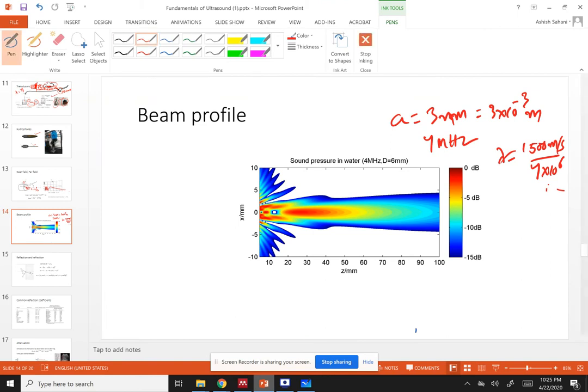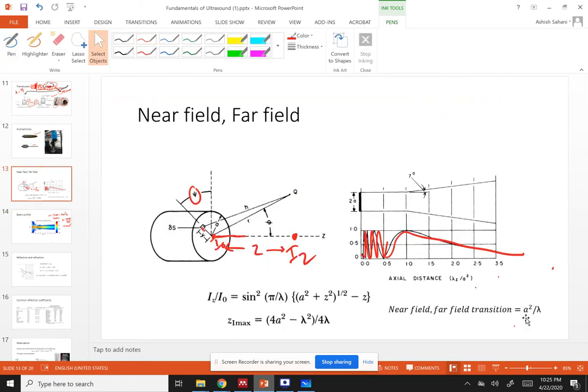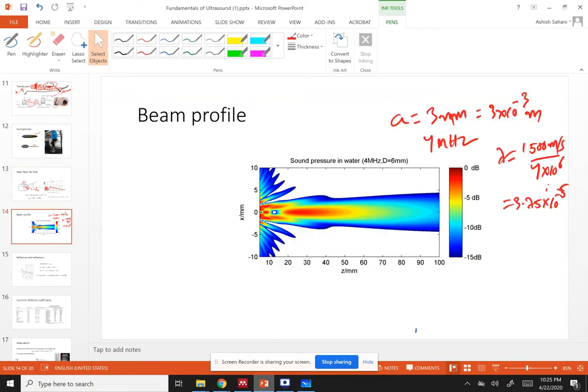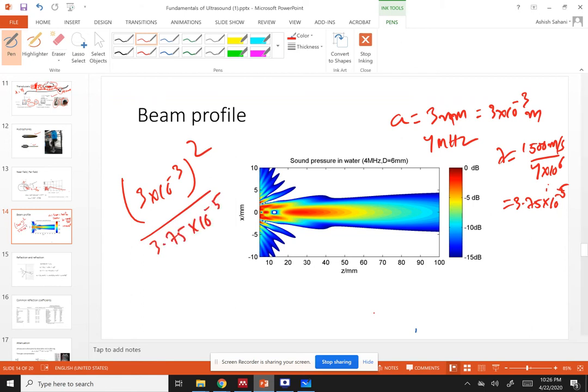So lambda is equal to 3.75 into 10 to the power minus 5, okay? Let's find out the near field far field transition, which is given by a square by lambda. So a square by lambda will be given by a square, which is 3 into 10 to power minus 3 squared, by lambda, which is 3.75 into 10 to power minus 5.